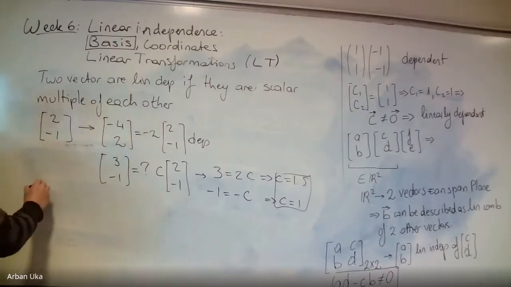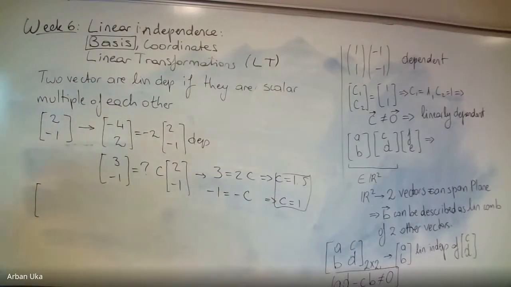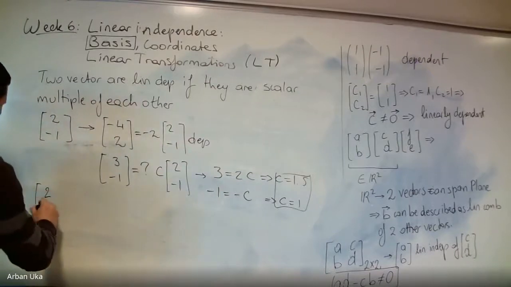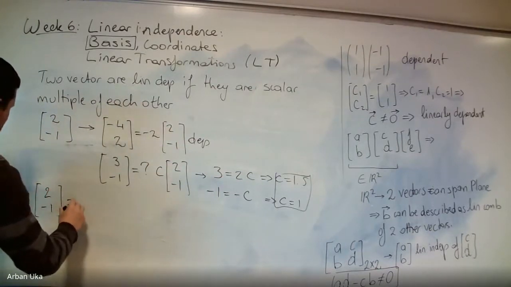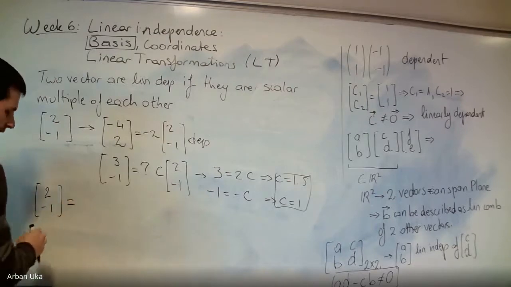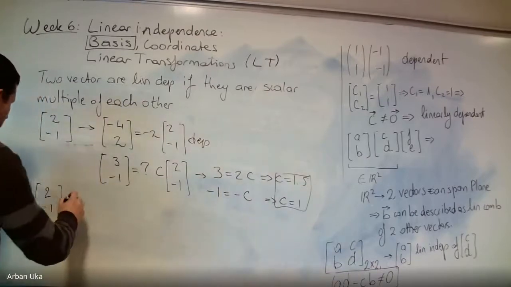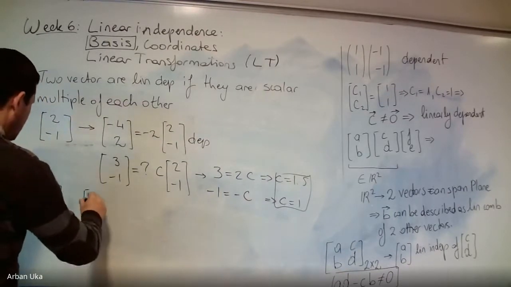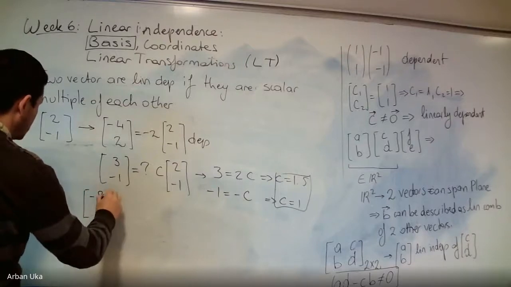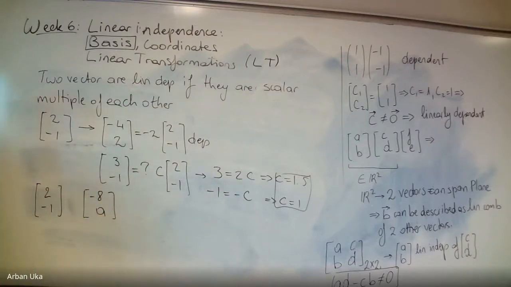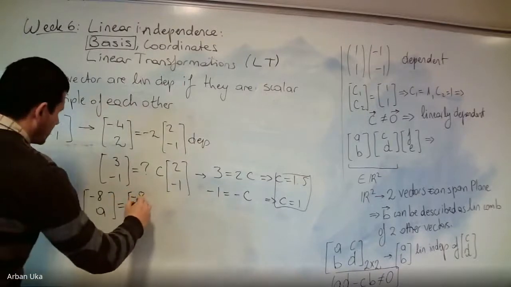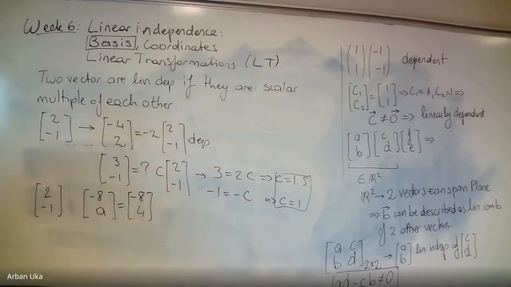What about this one, Elio? What do you think, if we have 2 minus 1, and you want to produce a linearly dependent vector, which looks like this, minus 8, a... We multiply by minus 4. It would be minus 8, 4. That's correct. Okay, that's fine. So these are all linearly dependent.